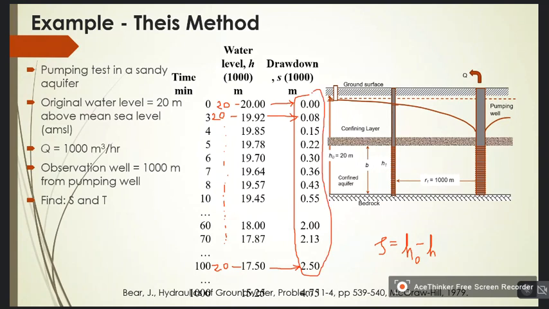These values are obtained using this relation. Here H naught is equal to 20. That is what is given.